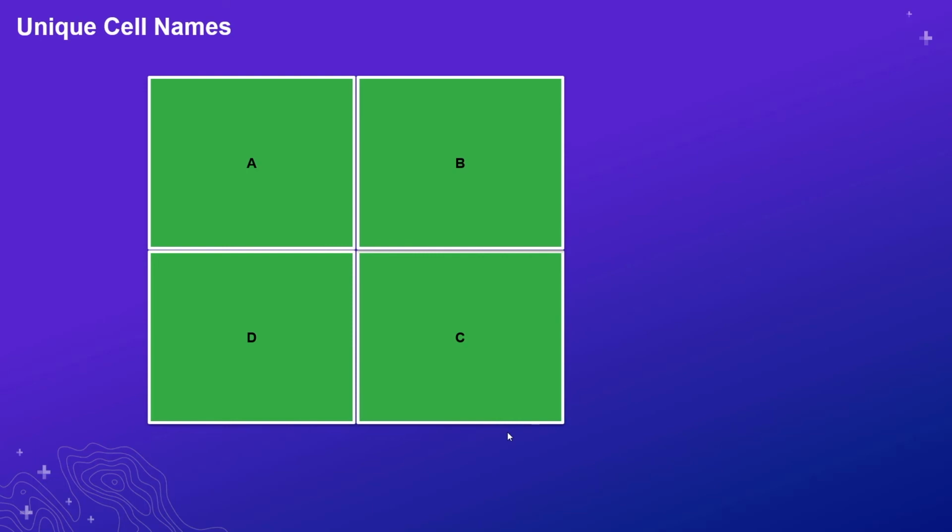As we begin to partition each one of these cells, we simply add a character to the end of it to give it a new unique name. And we keep the relative space the same. So A is in the upper left-hand corner, B the upper right, C the lower right, and D the lower left. And we can do this iteratively for each cell.